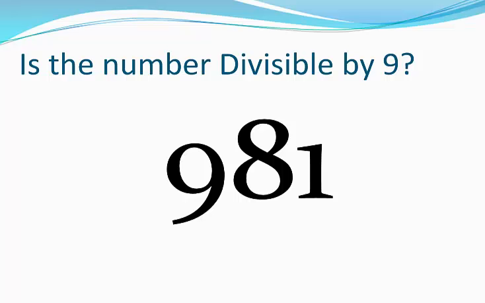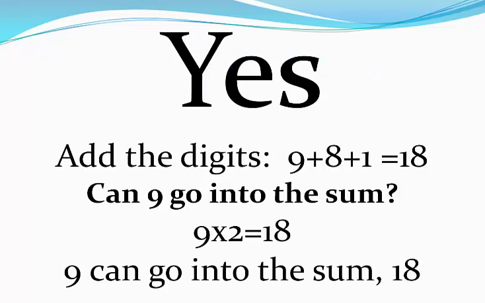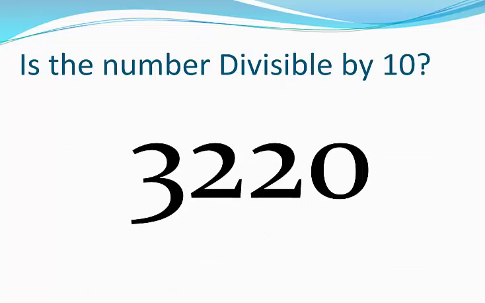The first step is to add up the digits. 9 plus 8 is 17, plus 1 is 18. Is 18 divisible by 9? Yes. So therefore 981 is divisible by 9. Is this number divisible by 10? You're right. It ends in a 0. So therefore it is divisible by 10.